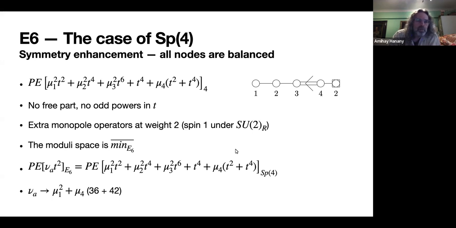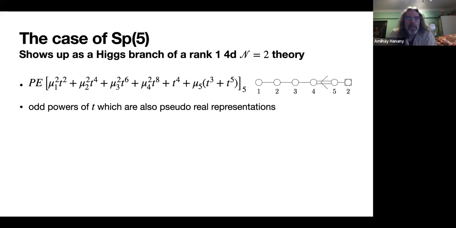This gives infinitely many branching rules. We now turn to the case k equals 1 in this family. Now we do have odd powers of t, and this is the only representation here which is pseudo-real. All of the other ones are real.